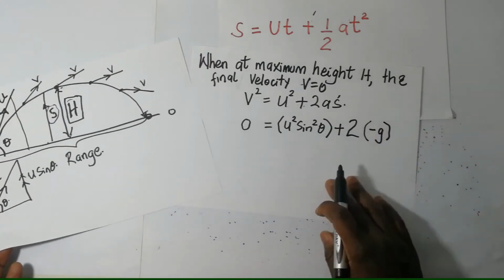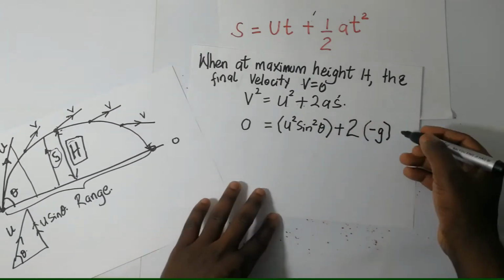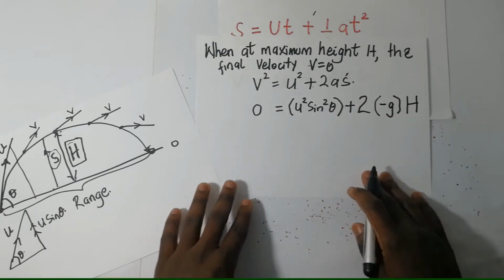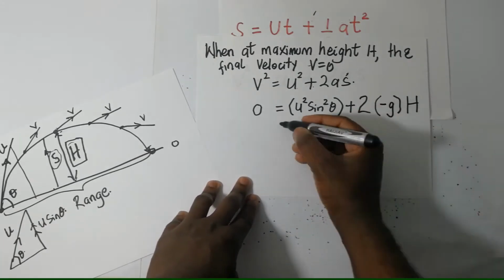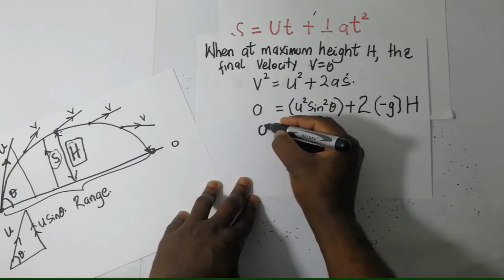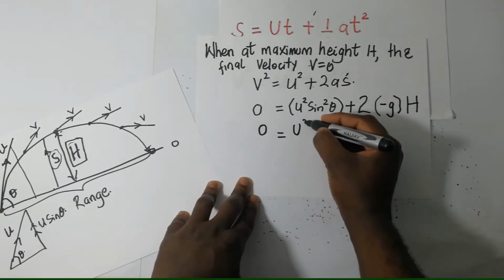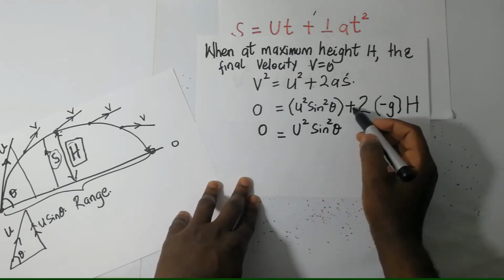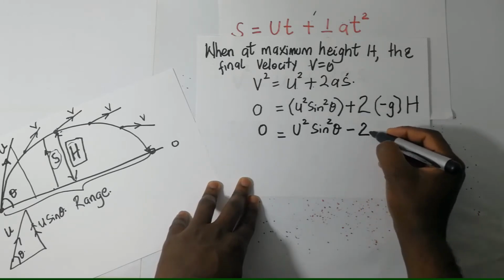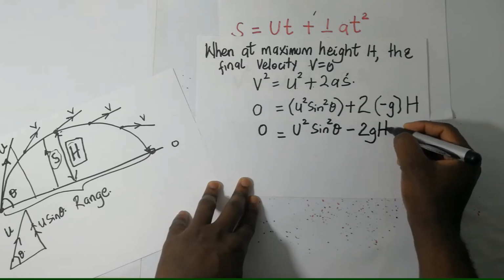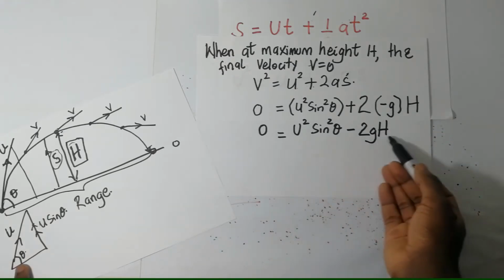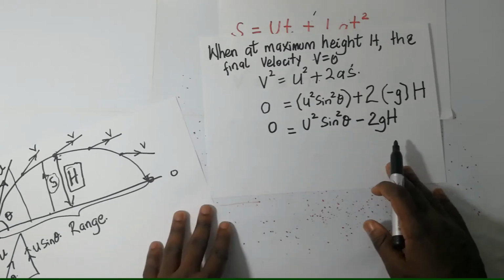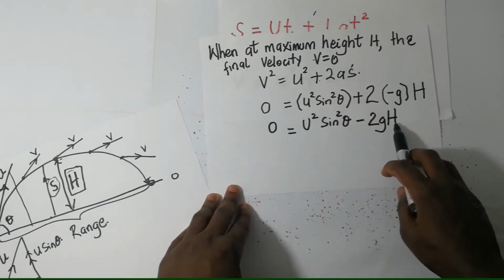So in this case, this value of s becomes our capital H. After getting that expression, let's ease it up a bit. It means that 0 is going to be u squared sine squared theta minus 2gH. From this, we can get our expression for maximum height by making H the subject of the formula.